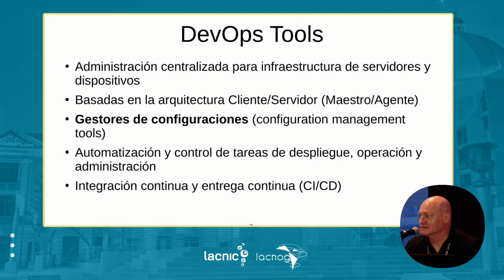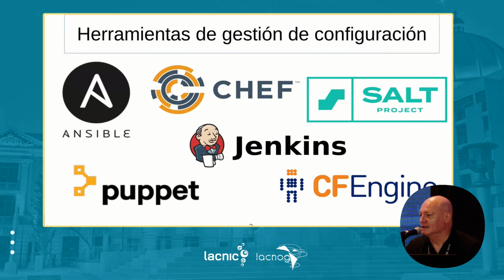Basically, what we'll be using are tools that arise from the development of configurations of software and implementations. These same tools can be used as what we call configuration managers. These allow us to automate and control deployment tasks, operation tasks, and management tasks.